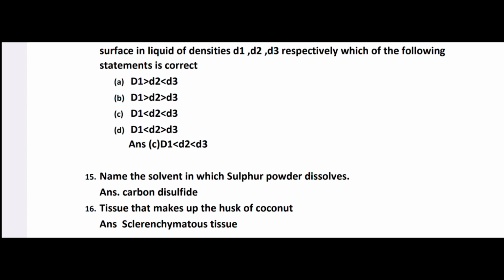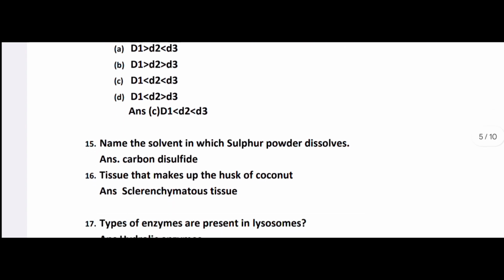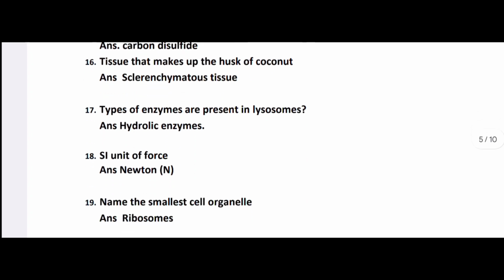So D1 is less than D2, D2 is less than D3, D3 is maximum. So C option is the right one. More the density, more the volume outside.